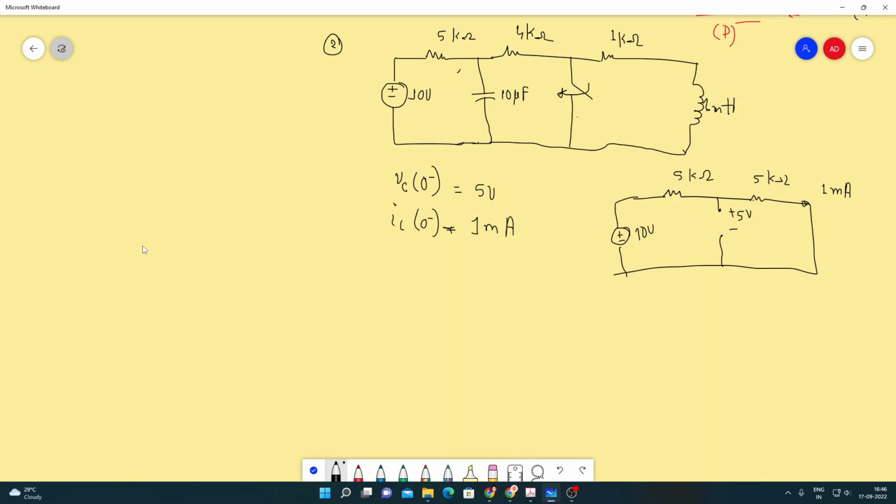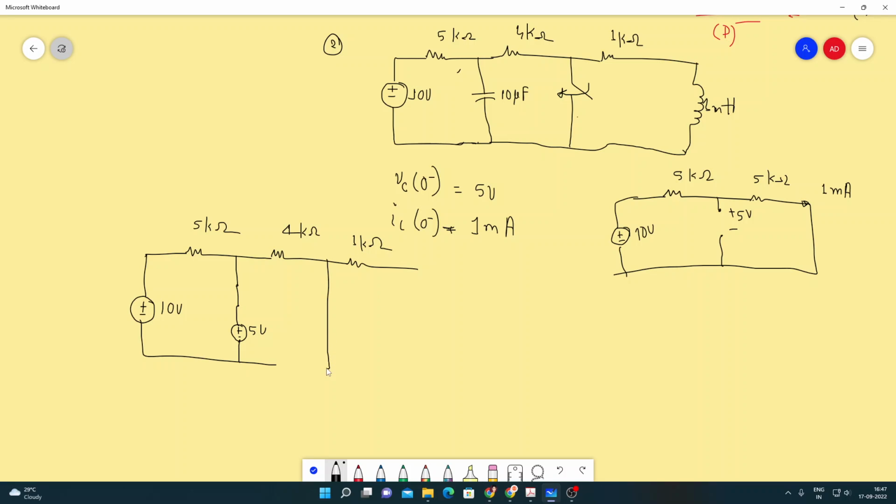So as we switch it on, the capacitor will now behave as a short circuit, so it can be modeled as a 5 volt source. Here we have 5 kilo ohm, 10 volts, the capacitor being replaced with the 5 volt source, 4 kilo ohms, 1 kilo ohm.